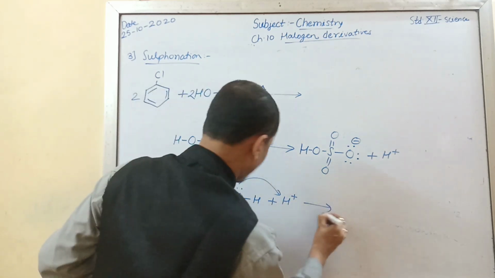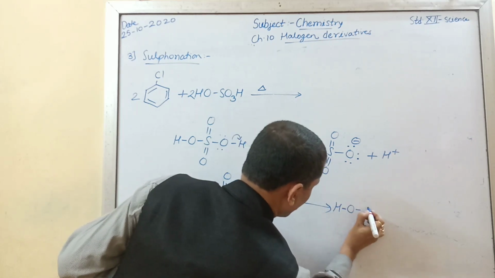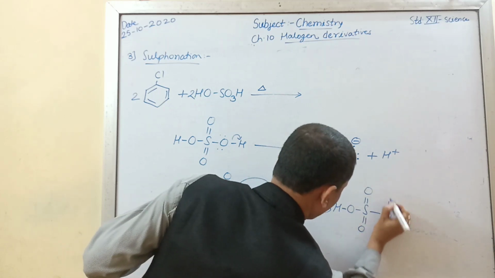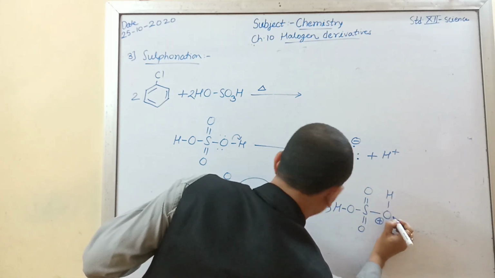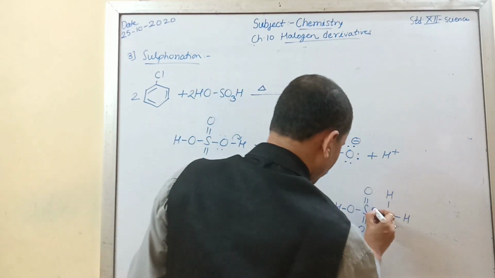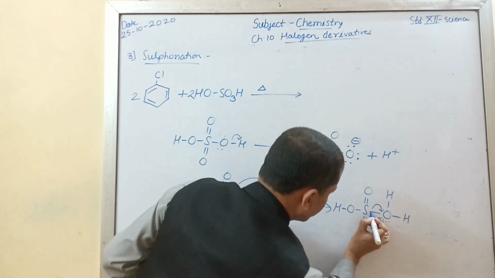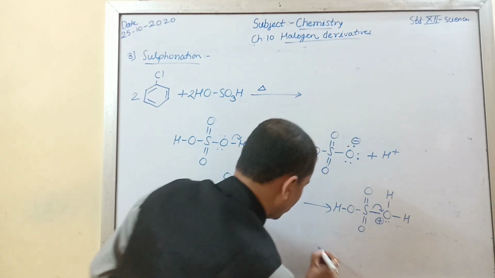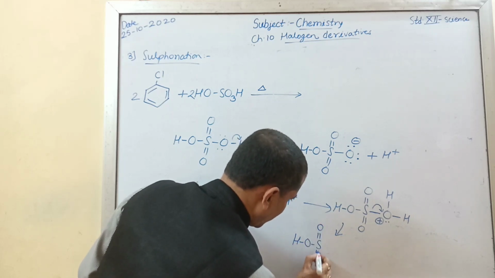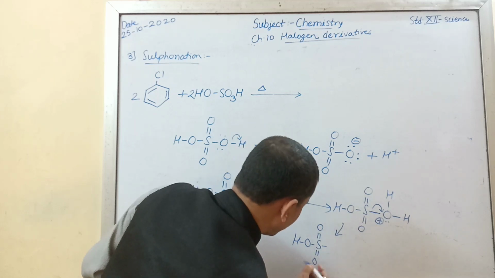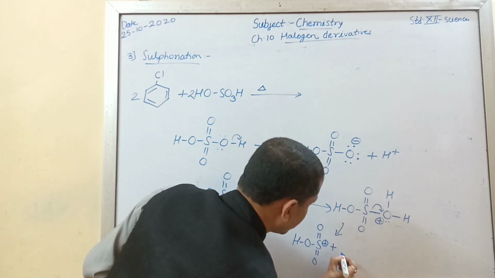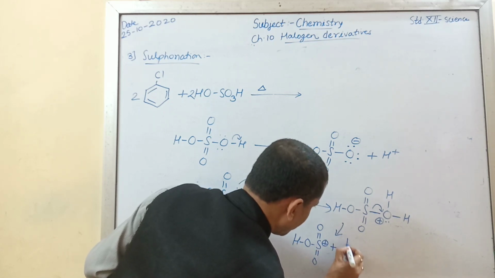So there is a formation of HOSOSOH with positive charge. Again there is a breaking of this bond, so you get HOS double bond O having plus charge, plus OH.